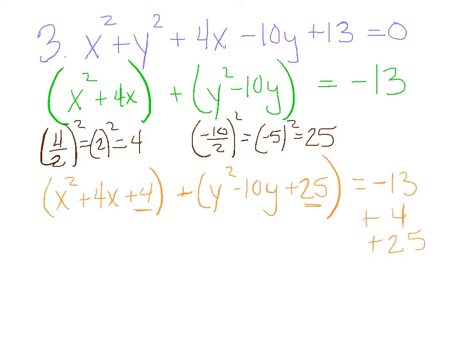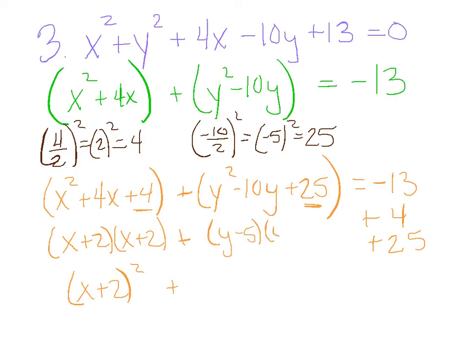So whatever I added to these sides, add to the other side. This is my x plus 2 and x plus 2. So that's really x plus 2 squared. This is my y minus 5 and y minus 5. So that's going to be my y minus 5 squared. And I believe you get a 16 on this side.